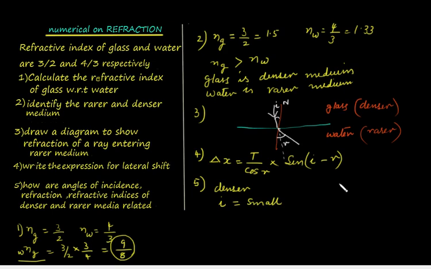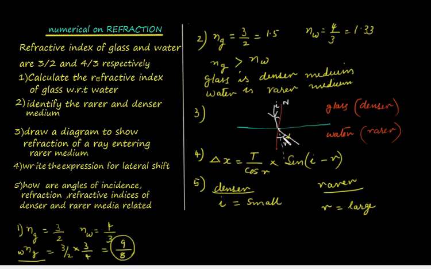In the rarer medium, angle of refraction is large. Now consider this diagram in the other way. Let us suppose the ray is entering from water, that is rarer medium, to glass, that is denser medium. Then the same path will be reversed.